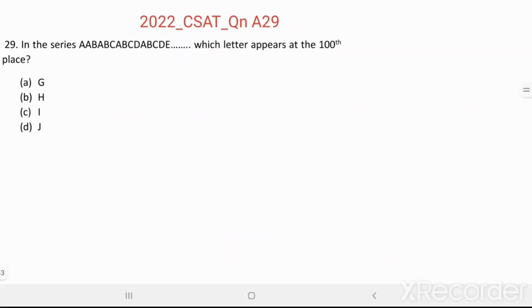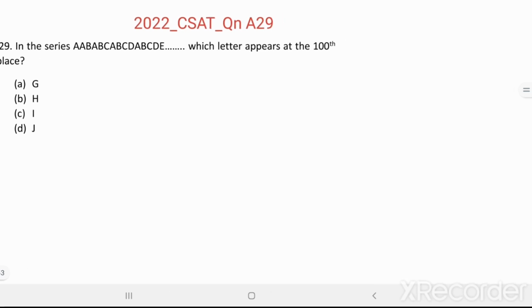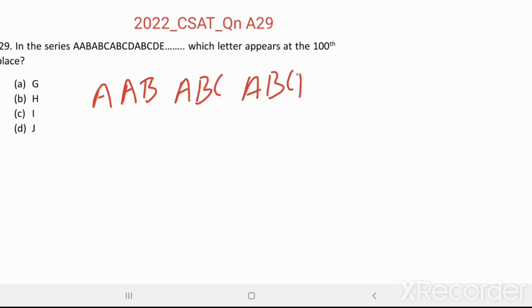Question number 29. In the series A, AB, ABC, ABCD, ABCDE, etc., which letter appears at the 100th place? Here we have a series: A, AB, ABC, ABCD, ABCDE, ABCDEF.